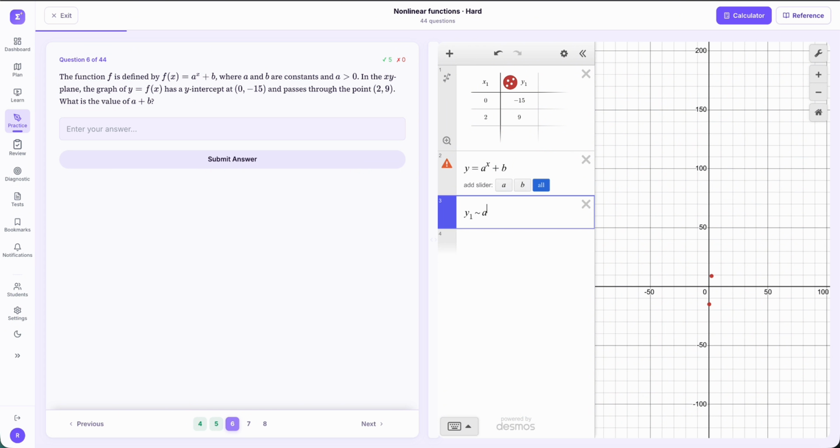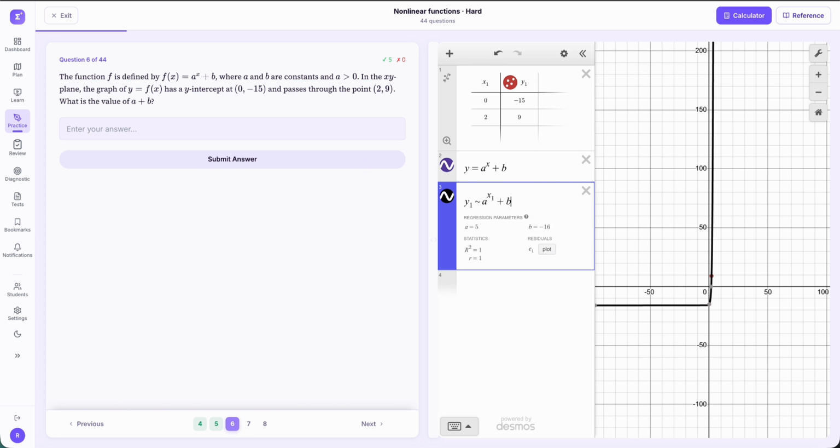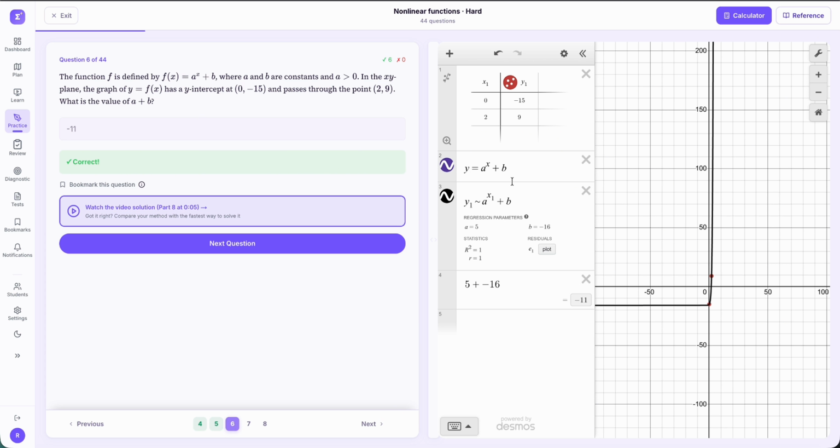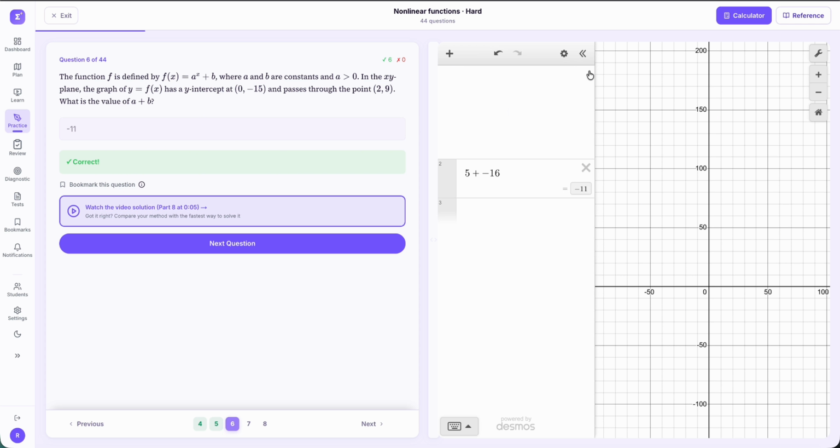Then you write a x1 plus b, and that's it. I see my a and my b, and it wants us to add them. So I add them and I get negative 11. If you know how to do that, it's pretty simple actually. It's not the one they have in the regressions by default.